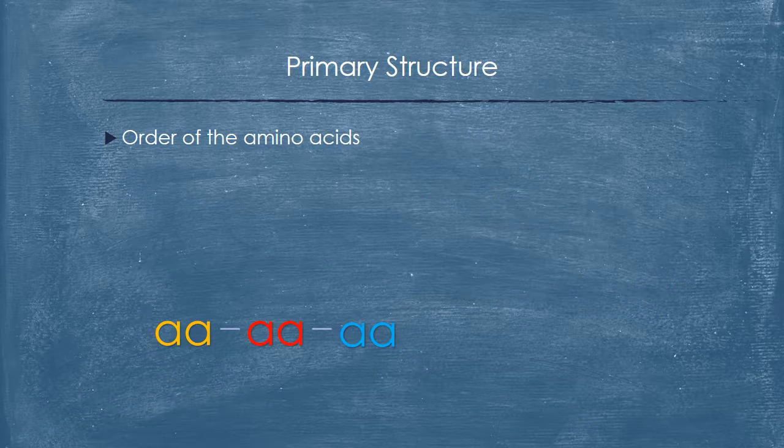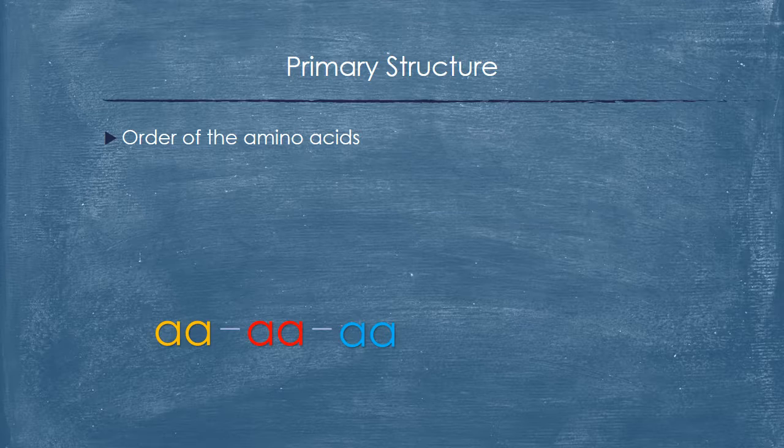So the first structure I'm going to be talking to you about is primary structure, and what primary structure signifies is the order of the amino acids in a polypeptide. So here I color coded 3 amino acids. We have the yellow, the red, and the blue.